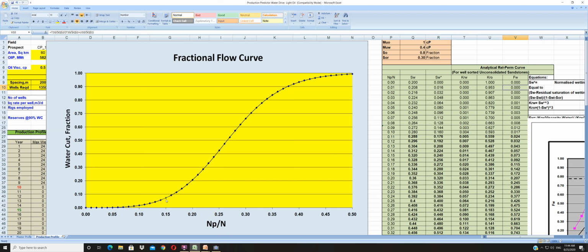And beyond that, slowly the water production starts increasing, and finally breakthrough takes place, and it's all water. So when it is 90% water, we have already achieved a recovery close to around 37 to 40%. It's a good number. It's a big number. But what next?